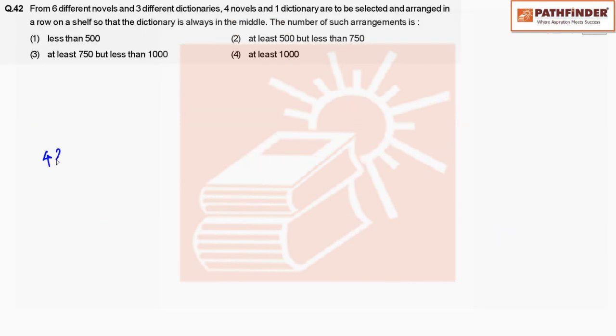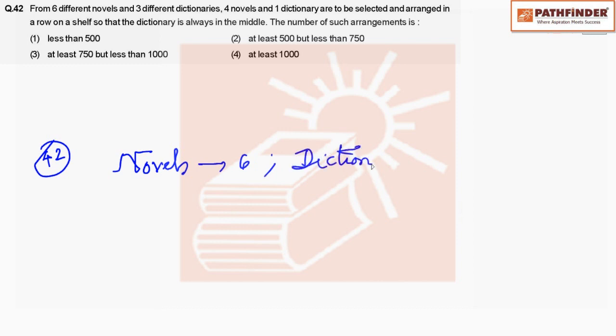1. Question 42. This is a question of permutation and combination. They are saying 6 different novels and 3 different dictionaries. From those, we have to select only 4 novels and 1 dictionary. So the number of novels is 6, dictionary is 3.